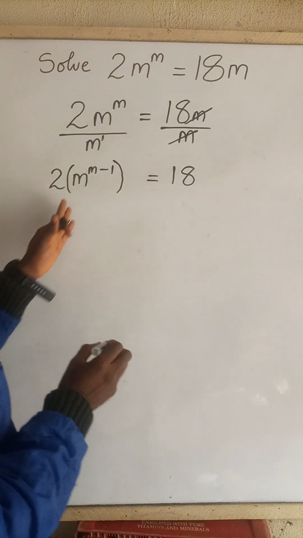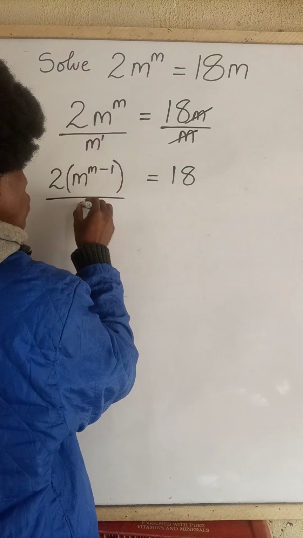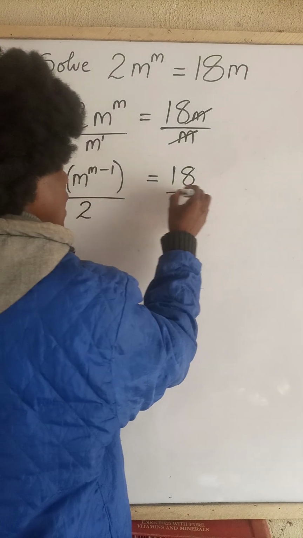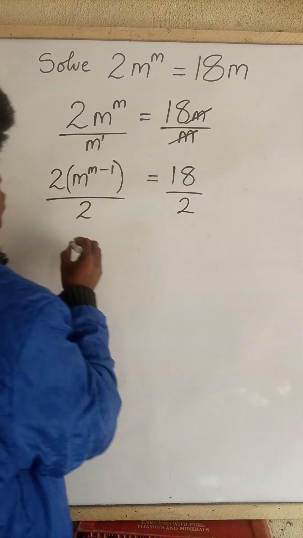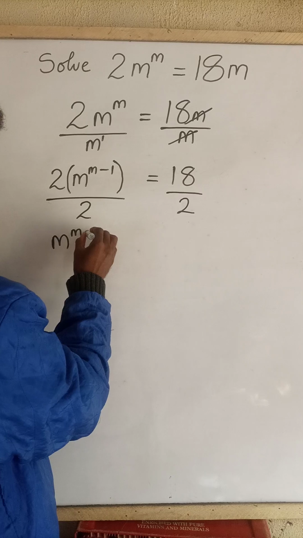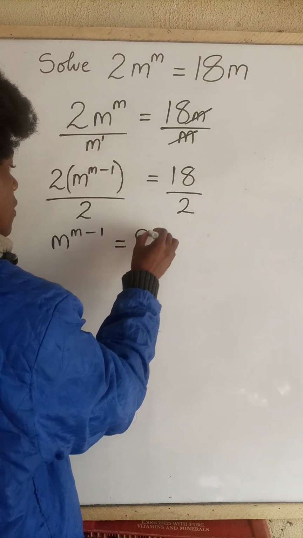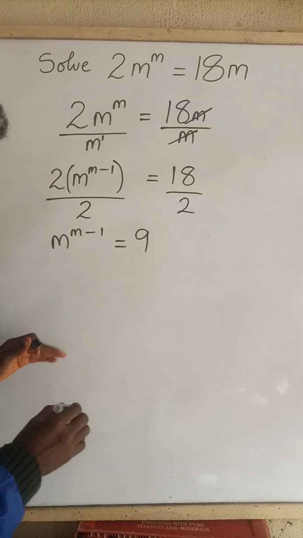Okay. Now the next thing that I will do is divide both sides by 2. When I divide both sides by 2, we will have m power m minus 1 is equal to 9. Okay.